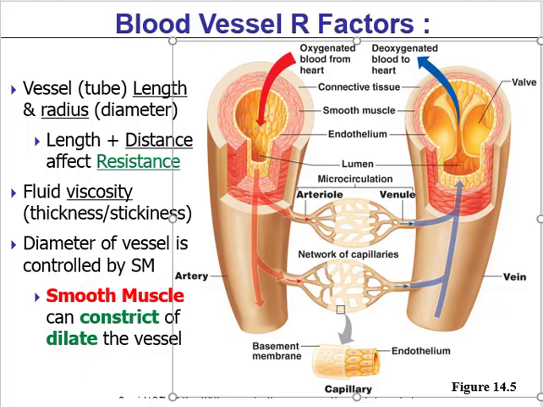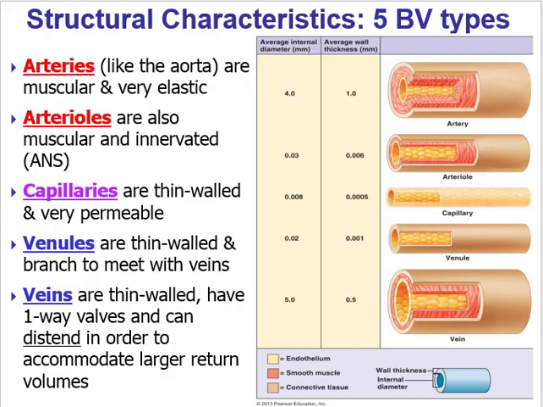And then in this next figure, we can see the structural characteristics in figure 14.6, I believe this is. It kind of serves as a reference table of the special features for all blood vessels in the circulatory system, as well as the measurements for each structure given for you here. This should help you grasp the idea of resistance from different sources, but overall blood flow is controlled by the diameter of the lumen. Less resistance means better flow.